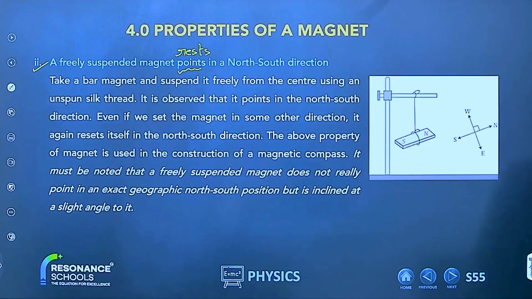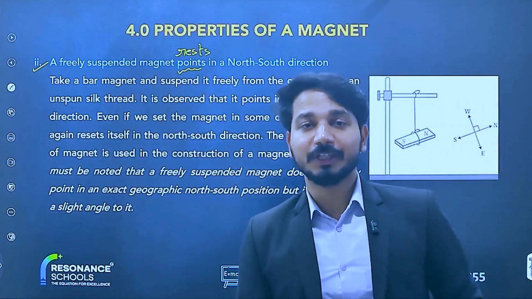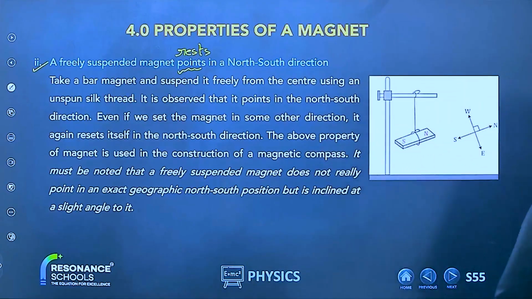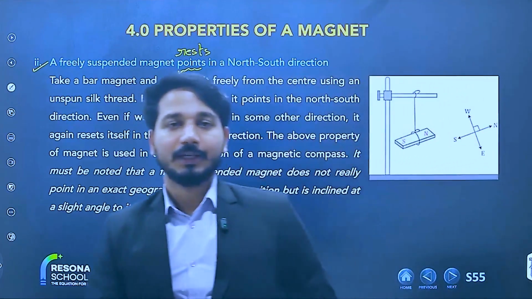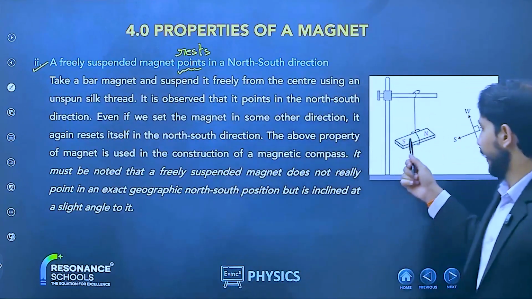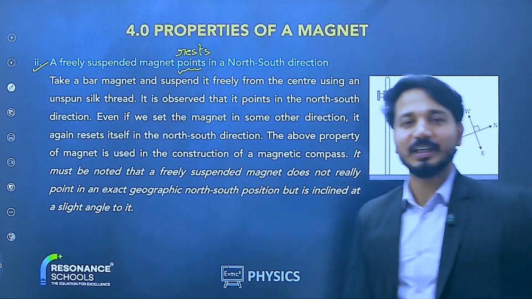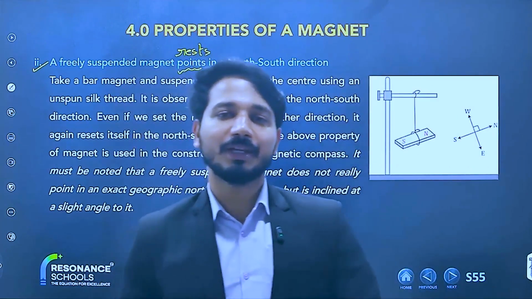Akshay's good question. Akshay is asking, if we are leaving the magnet suspended freely, why does it rest in north and south only? So Akshay, the answer to your question: a magnet has a north pole and a south pole, right? Similarly, there is an assumption that the Earth also has a magnet inside it.